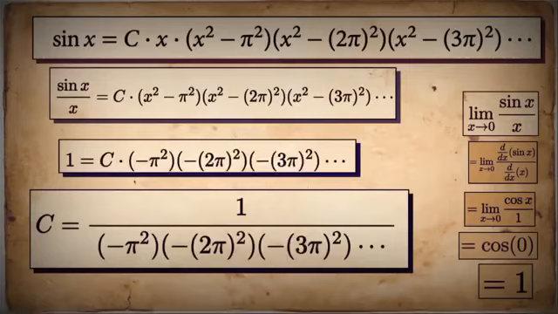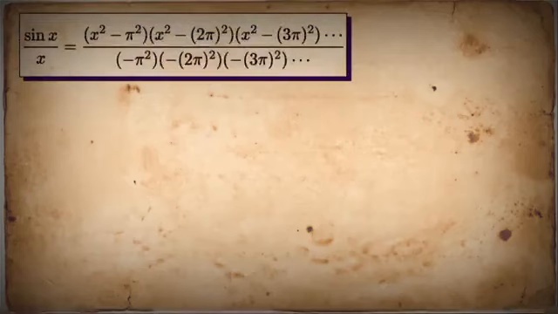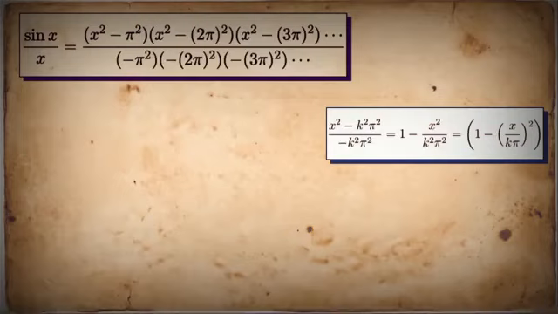This is an infinite product with a specific value, which we now know is the value that makes the entire sine formula consistent. Substituting c back in, the sine of x divided by x becomes the ratio of the product of x squared minus k pi squared over the product of negative k pi squared, for k from 1 to infinity. Each individual ratio simplifies in a clean way.